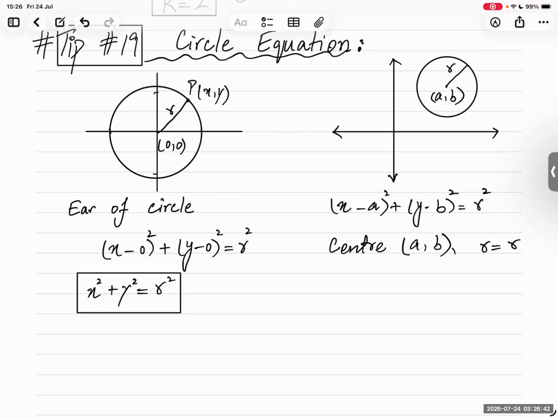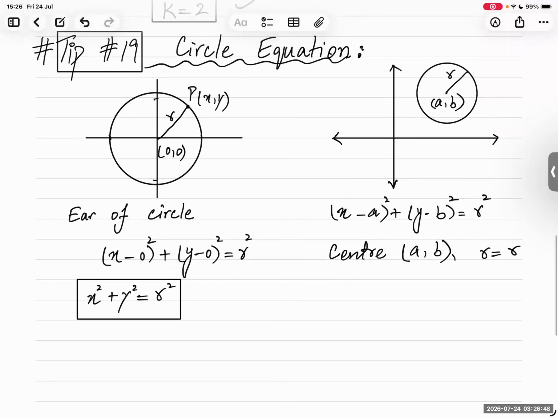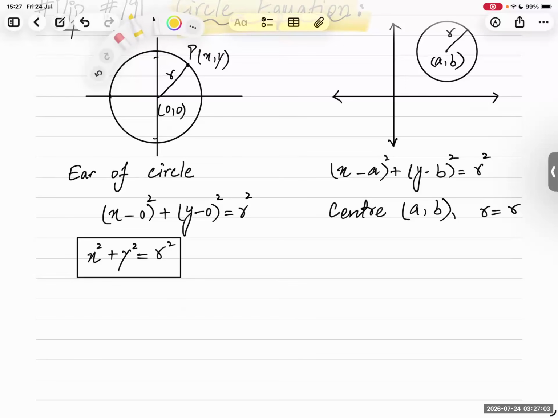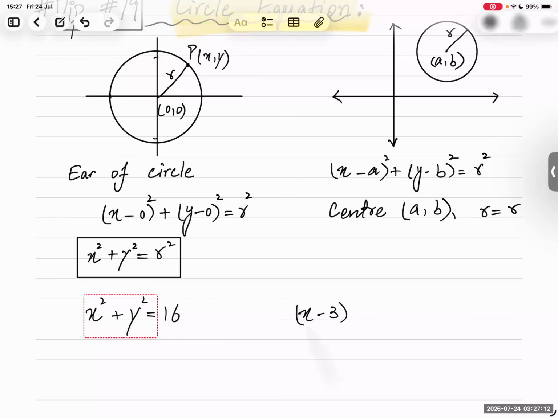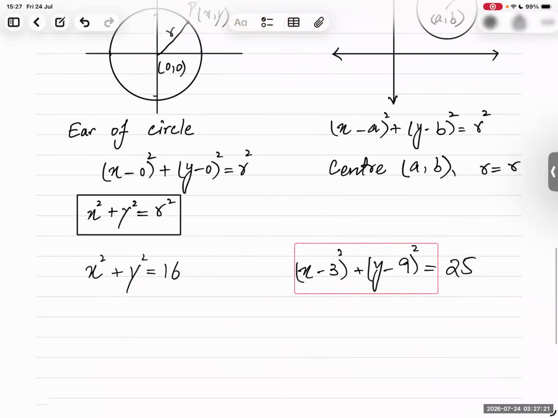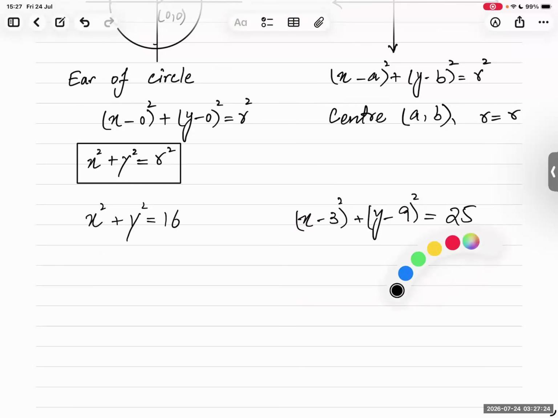Okay, could you tell me the center and radius for both of these circles, please?